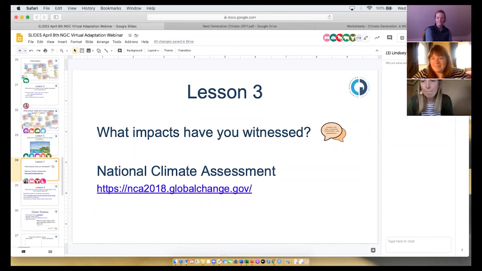So I see some really intense heat in the summers, sea level rising and flooding if you're on the coast, shoreline eroding, higher temps, more precipitation. I think we're seeing that really across the country. Not as many cold days in the winter. Flooding in areas that weren't previously flood zones in Louisiana.